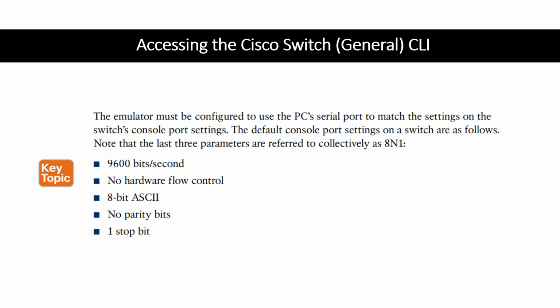Of course, like Nick said, PCs don't have serial ports. Since we have rollover cables now, these settings still apply: 9600 bits per second, no hardware flow control, 8-bit ASCII, no parity bits, and one stop bit.